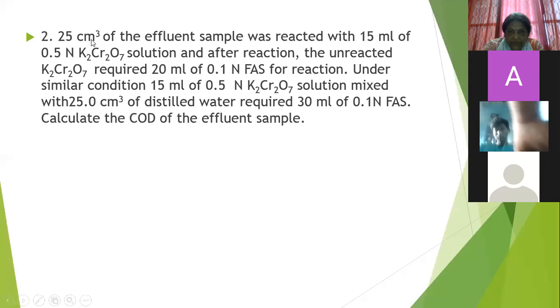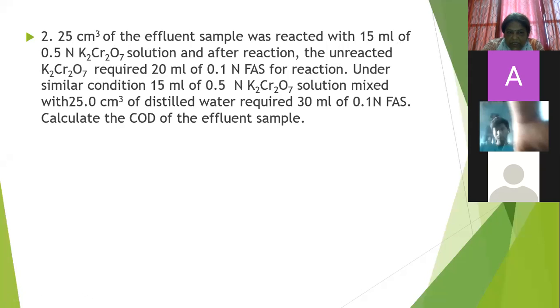25 ml of the effluent sample was reacted with 15 ml of 0.5 N K2Cr2O7 solution, and after reaction the unreacted K2Cr2O7 required 20 ml of 0.1 N FAS for reaction.